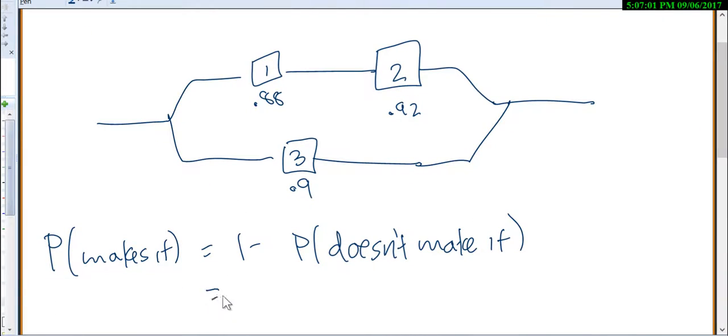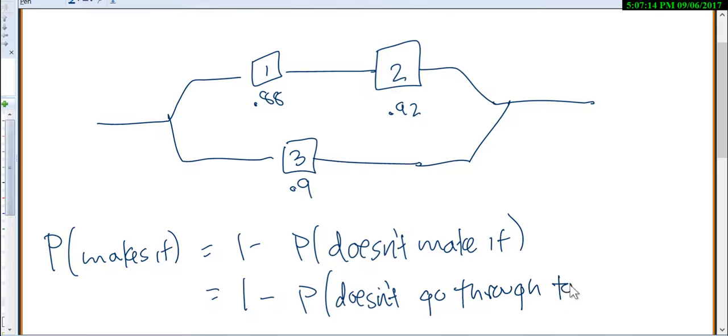And so the probability that it doesn't make it, that would have to be it doesn't go through the top and it doesn't go through the bottom.